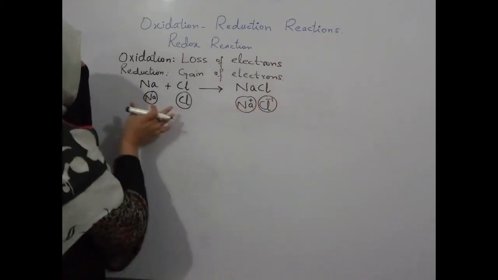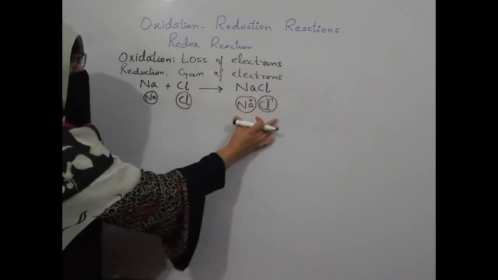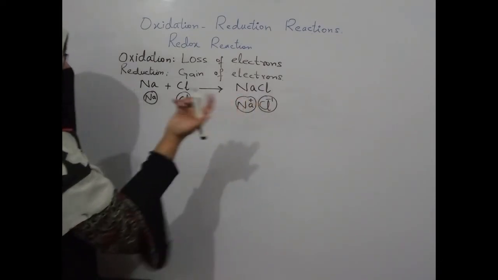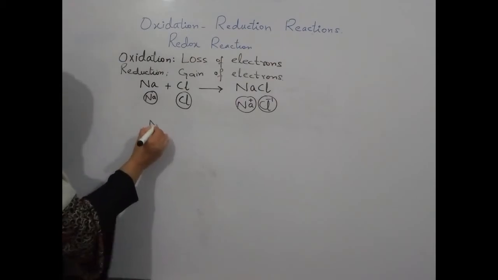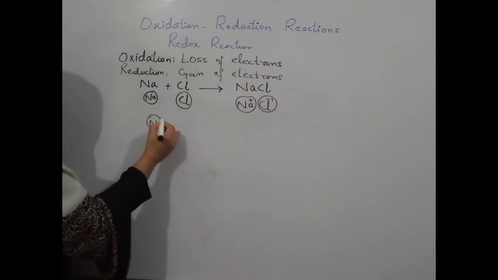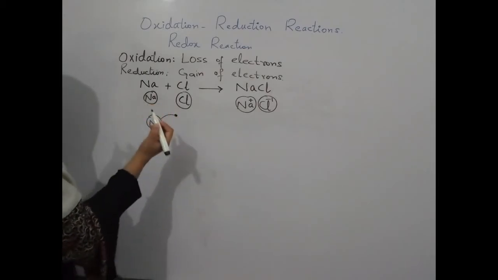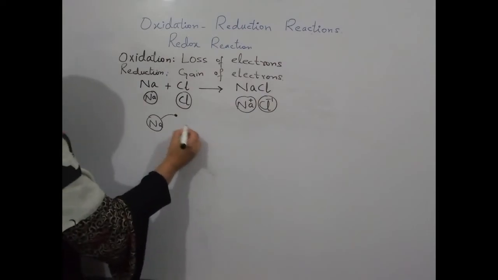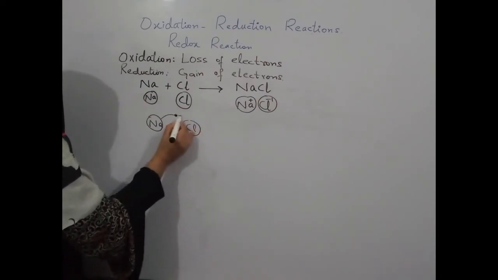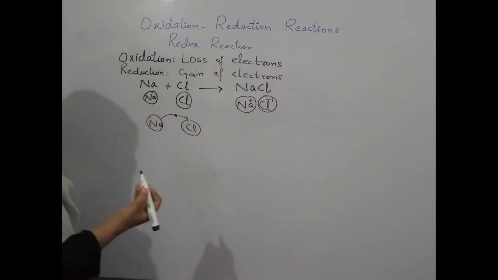How do these neutral atoms become ions? Sodium atom loses an electron and chlorine atom gains that electron.